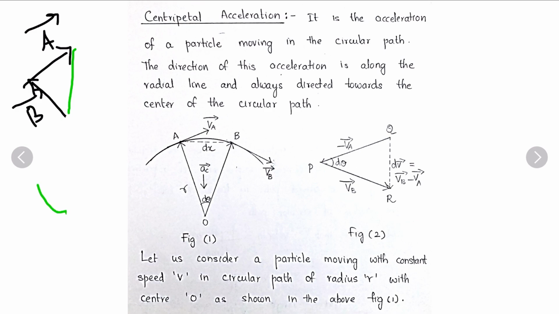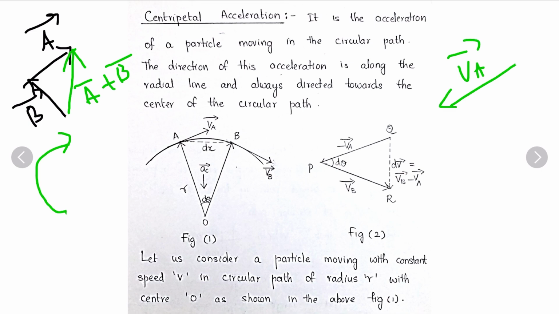These two are going in this direction, so the third side will be in this direction, that is A plus B. This is the triangular law, we know that. In the same way here, this is VA bar and this is VB bar.